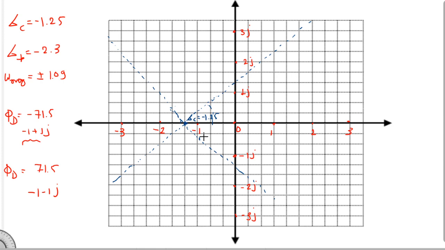Okay, after this, here is our complex pole, like minus 1 minus j, and here we will measure the angle of minus 71.5 in this portion, and you can measure here that this one is minus 71.5. From here we measure minus 71.5, that is, this angle is minus 71.5.